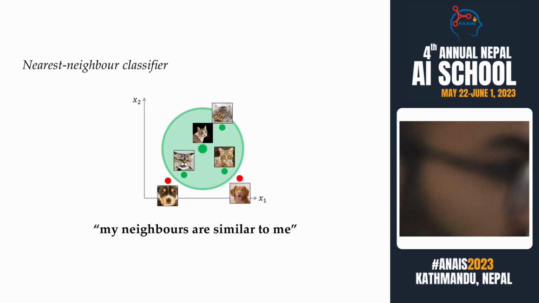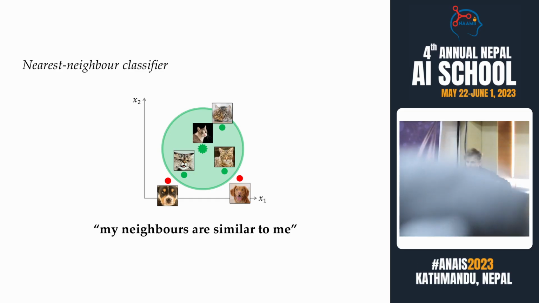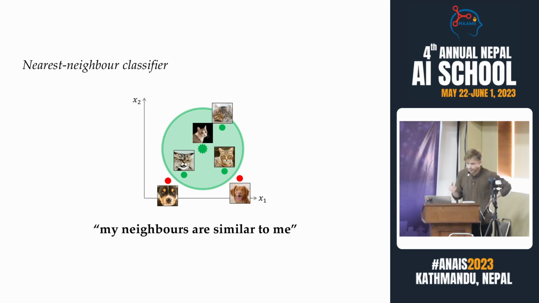And so the notion of regularity that accompanies this algorithm is that if you want to classify a point well, you want a lot of neighbors that are close to you, right? Because if you have a labeled point that is close to you, it is very likely that your class will be the same as your neighbors.